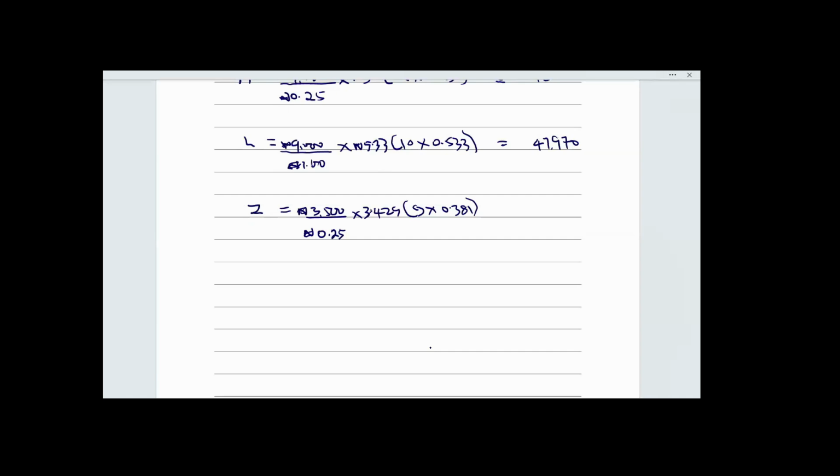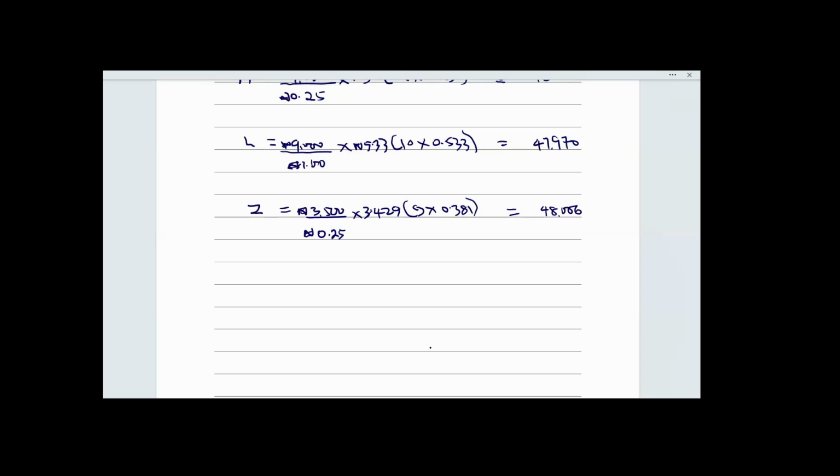So let's multiply that with the rest. 3.429 multiplied by 3,500 divided by 0.25 is 48,006 naira. That's 48,000 and then 6 naira.